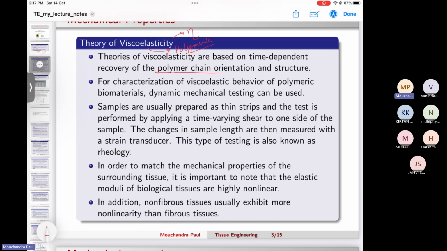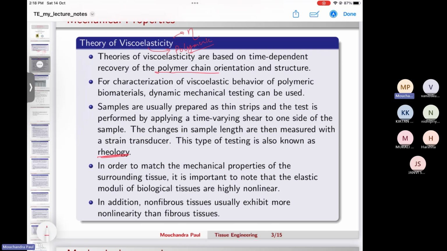For measuring the modulus, we use a separate kind of technique. There is actually a big field that studies the flow of these viscoelastic materials, how they are flowing. That field is called rheology. I will not go into depth, it's just a primer for you, so that you know some part of it and maybe apply it in future.